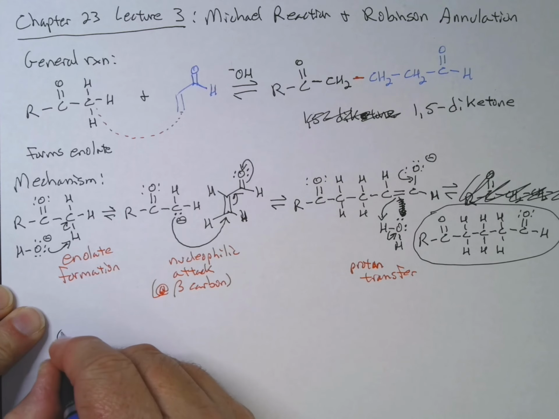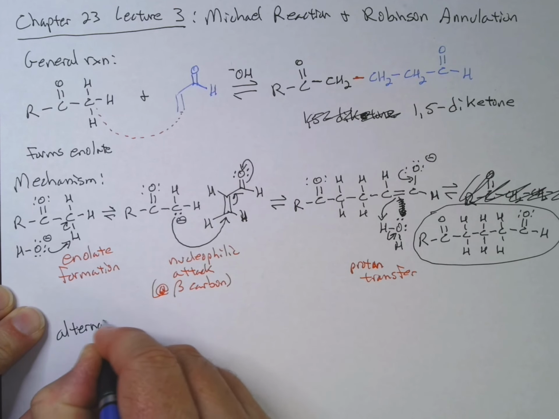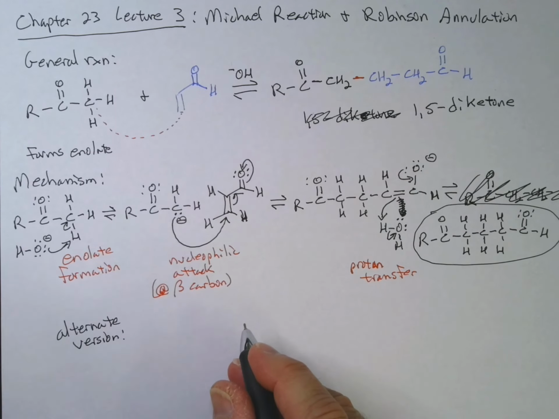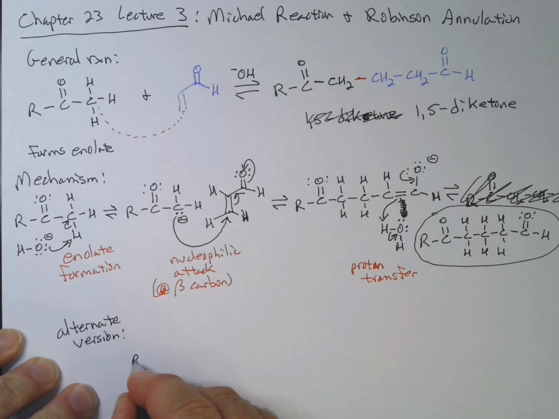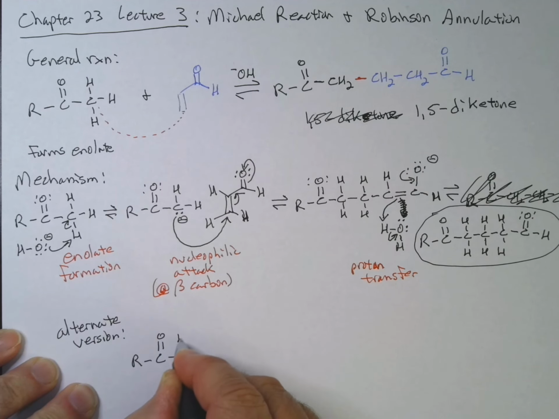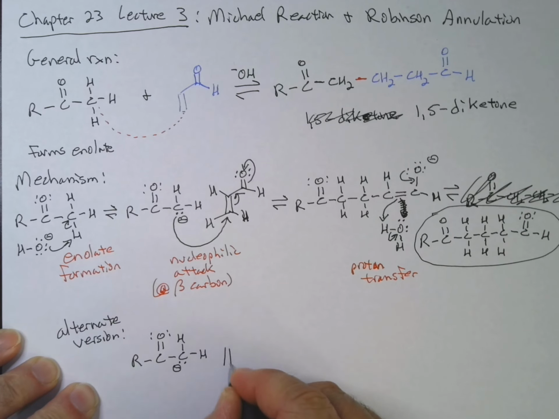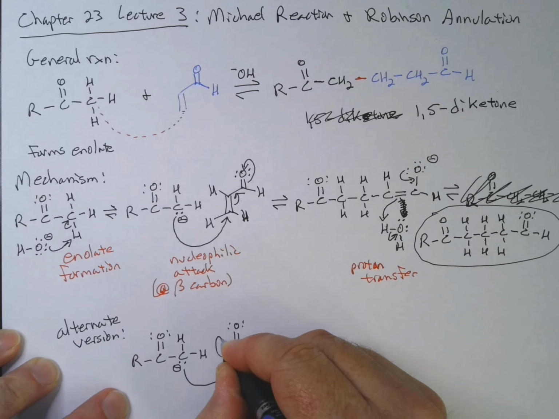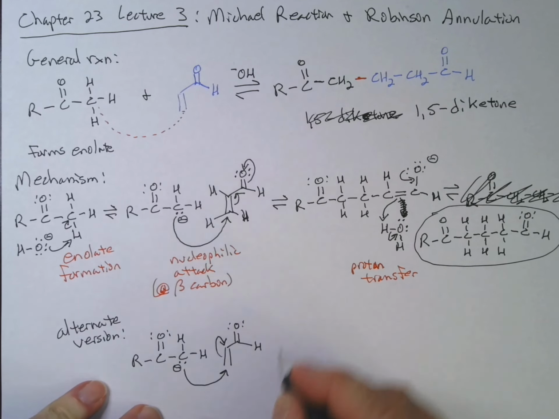An alternate version, which may be a little easier to keep track of, involves our enolate adding to the beta carbon, and then those electrons being pushed up onto the alpha carbon.